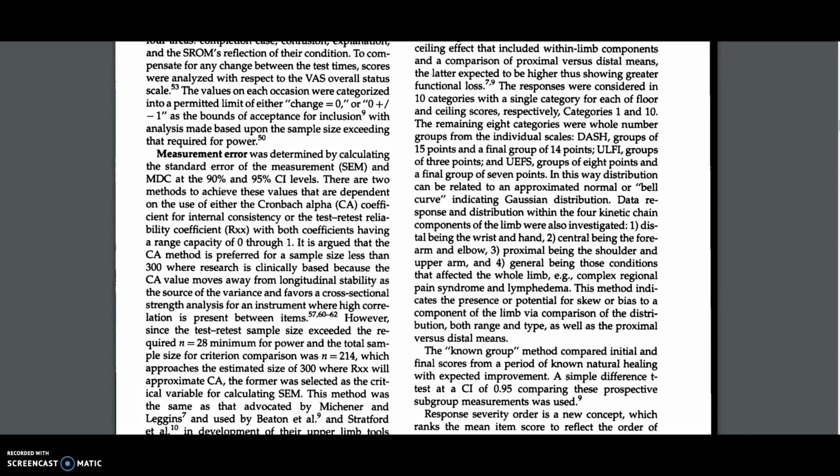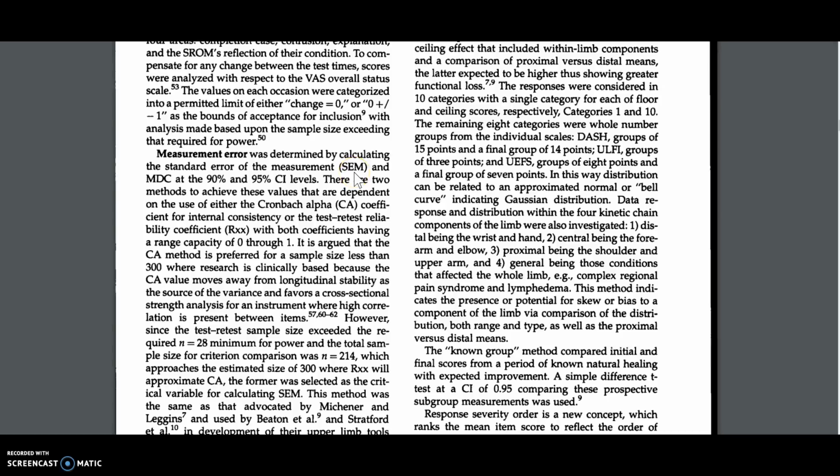So in this case, they used a particular statistical formula called the SEM, also known as the standard error of measurement, and the MDC at 90% and 95% confidence interval levels. Let's take a minute and talk about what that is. First and foremost, let's talk about what standard error of measurement is and why we use that.